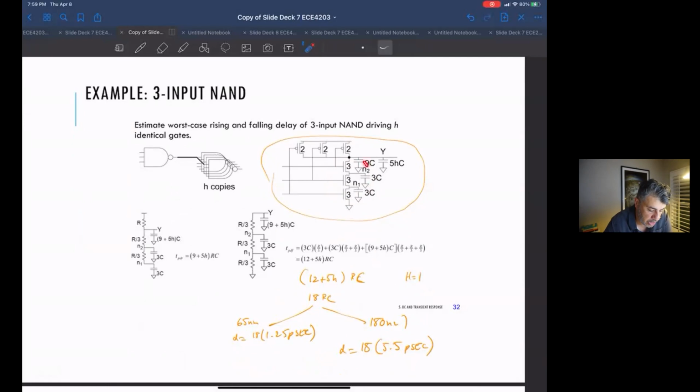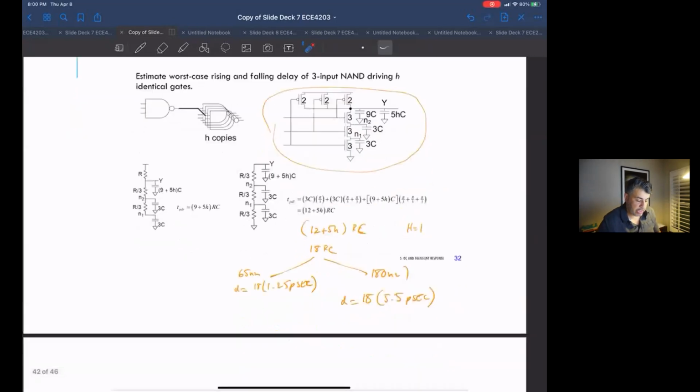There's only one way to do that. But when you're talking about the PMOS rising outputs, the propagation delay is the worst case delay, meaning that only one device is on. And the contamination delay being the fastest delay means all three are on.